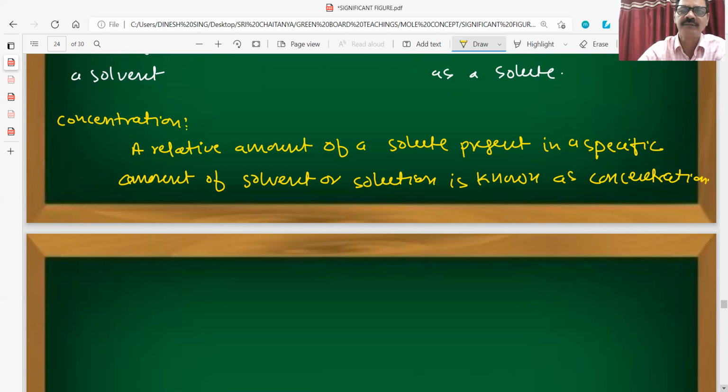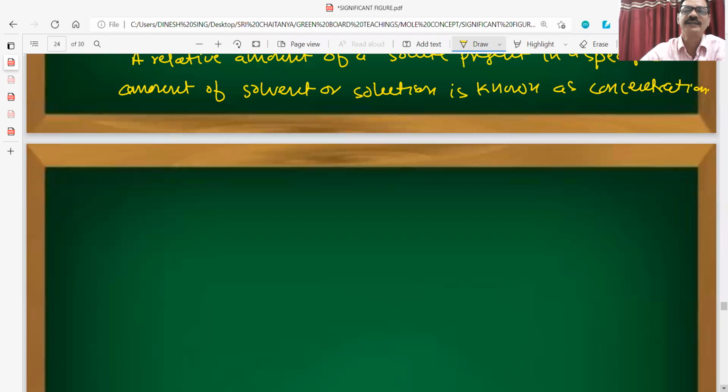Suppose in 1 liter of solution, what amount of the solute is present? It may be the number of moles, it may be the mass of the solute, or it may be the parts of the solute in solution or in solvent. Largely, that is called concentration. So the main point here is the methods of expressing concentration.